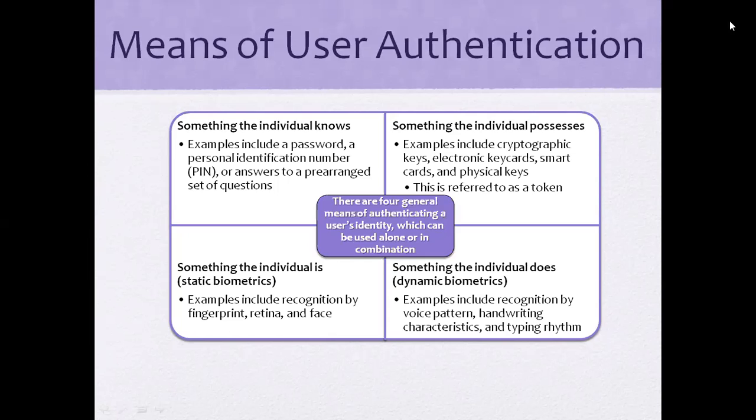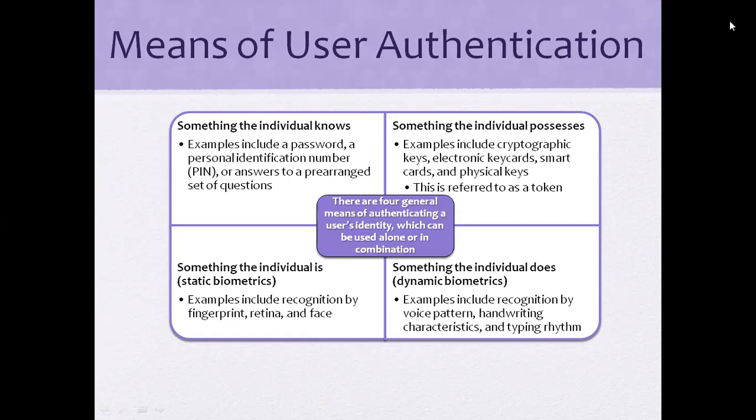The fourth one is something the individual does: dynamic biometrics. Examples include recognition of voice pattern, handwriting characteristics, and typing rhythm.